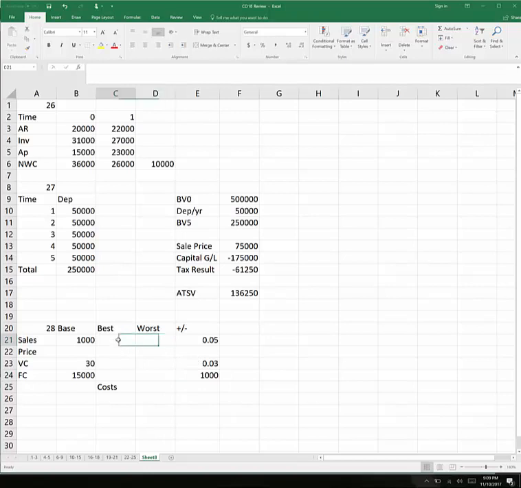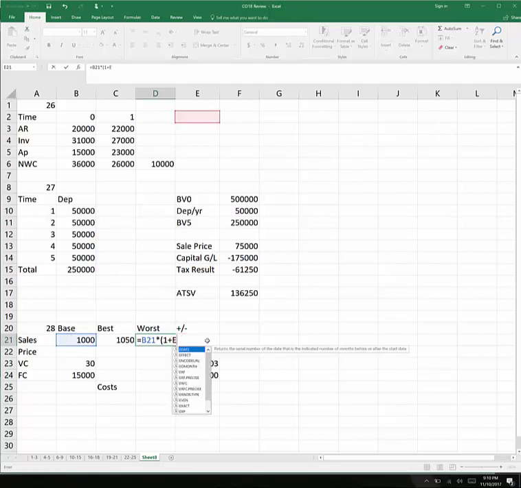So let's go ahead and fill in the best and the worst case for these. The best case for sales is going to be 1,000 multiplied by 1 plus 5%. Worst case, 1,000 multiplied by 1 minus the 5%.